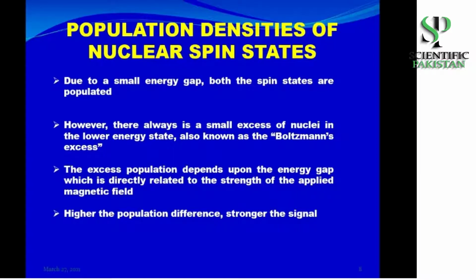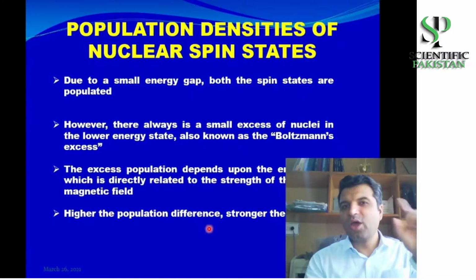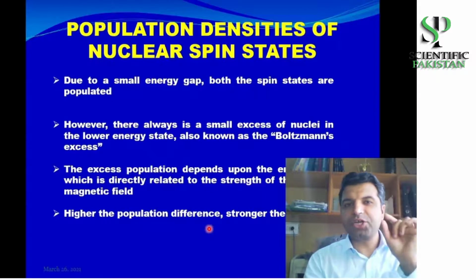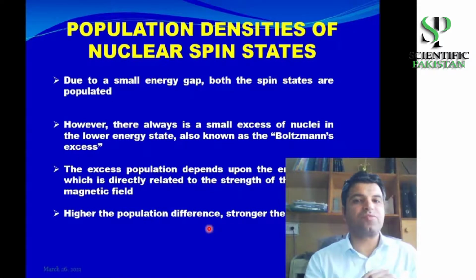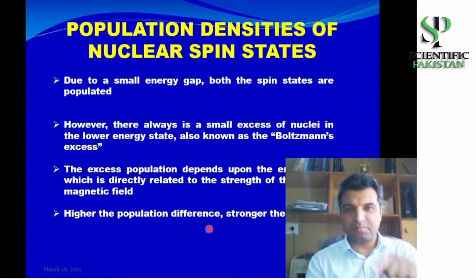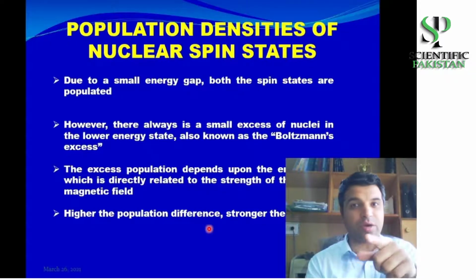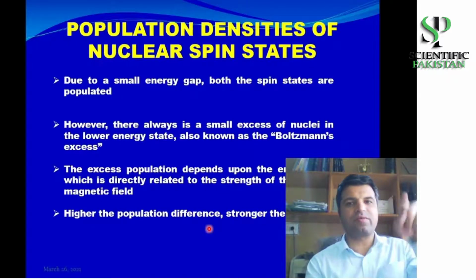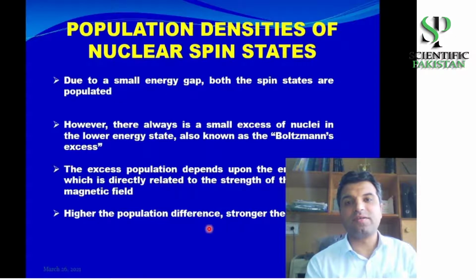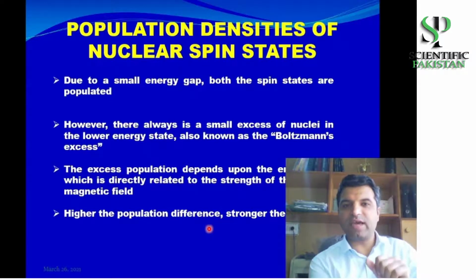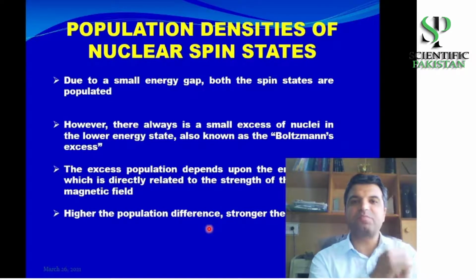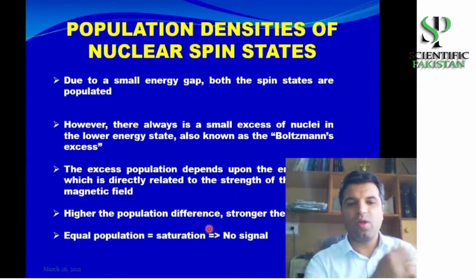So now you know that if you want a stronger signal, the quantity you want to increase is the number of excess nuclei in the alpha state. And how can you increase that? By increasing the energy gap between alpha and beta state. And how can you increase that? By increasing B naught. So you have a higher B naught, the energy gap is higher, the excess population in the alpha state is higher, that means a stronger signal.